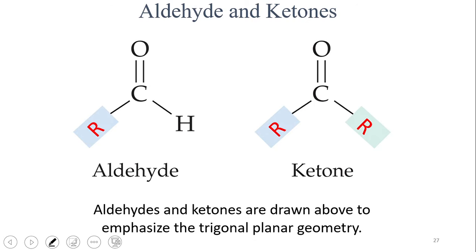In the aldehyde, the carbonyl group is at the very end of the chain, so the carbon only has one substituent on it. In the ketone, the carbonyl group is inside the chain, so the carbon is connected to two other carbon-containing substituents. We draw them many times in this form to emphasize the trigonal planar geometry around that carbon.